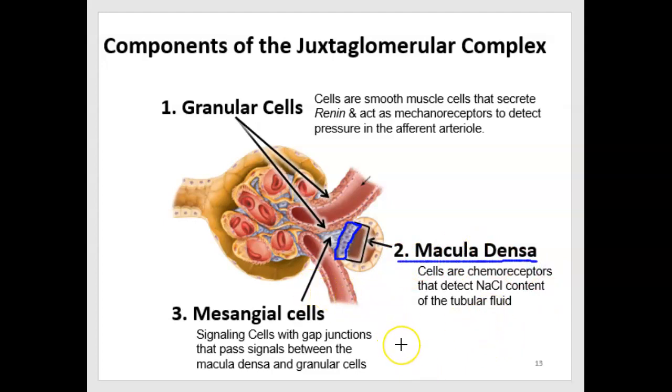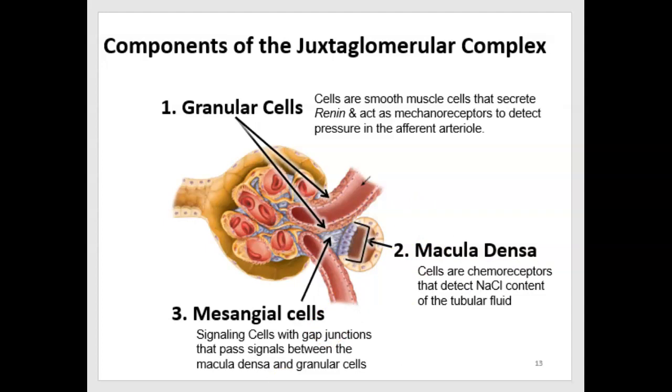So tubular fluid that is ascending up the loop of Henle has a certain concentration of sodium chloride. And the macula densa cells can detect whether or not that sodium chloride content is too high or too low. Now, what is going to happen in response to that will probably be some sort of resorption or secretion, but we'll talk about that later.